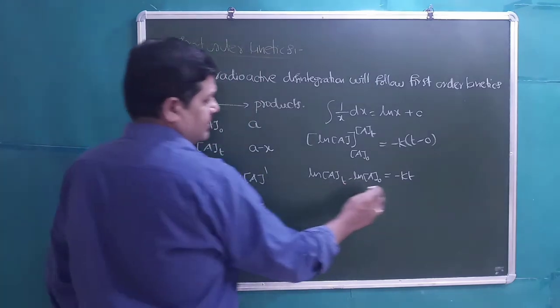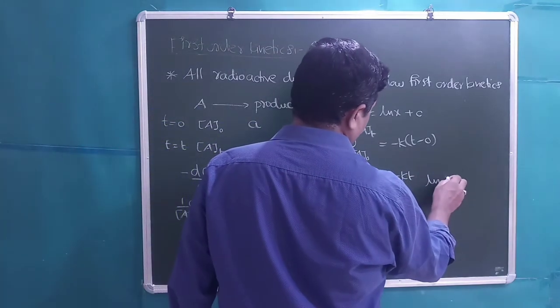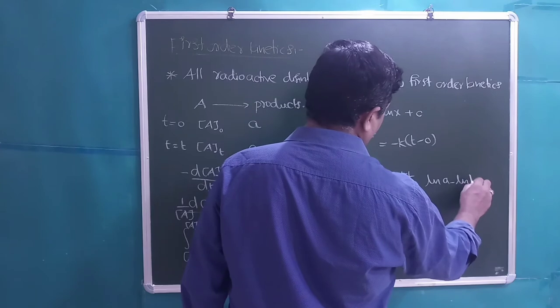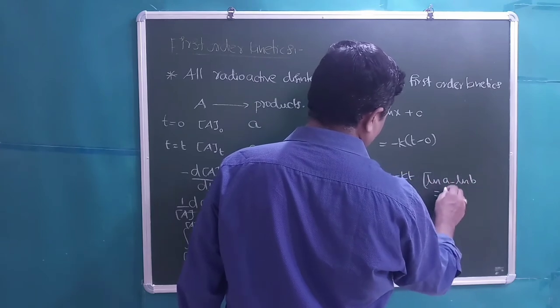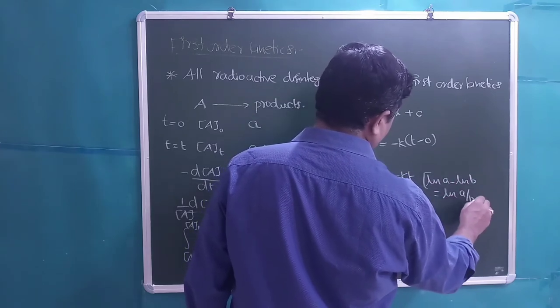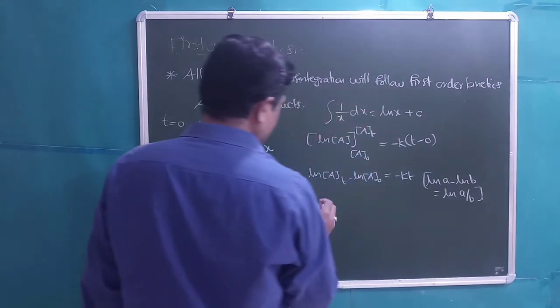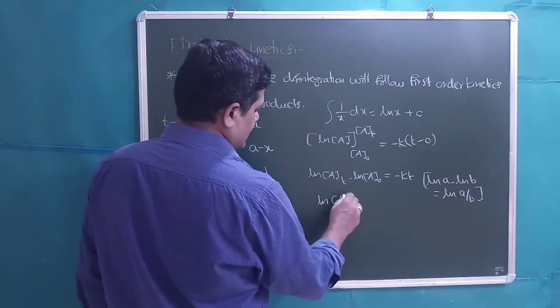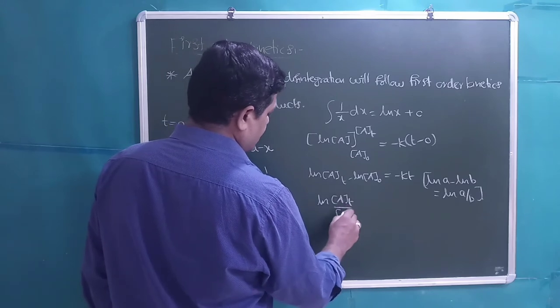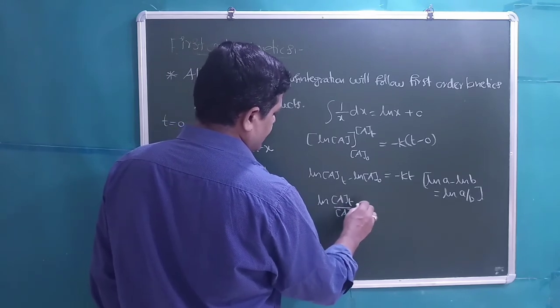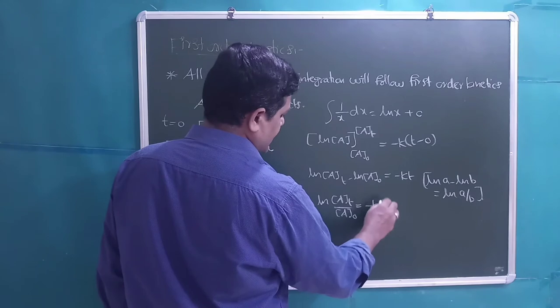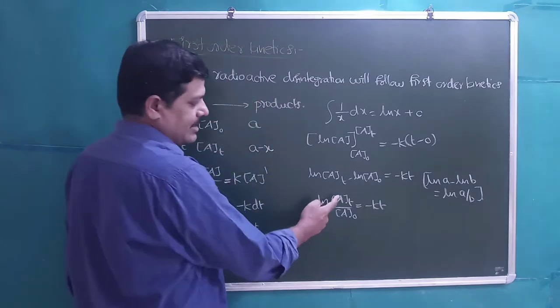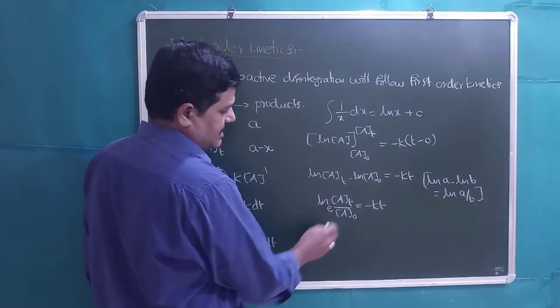Students, this is in the form of ln A minus ln B, which we can write as ln A by B. So this we can write as ln At by A0 is equal to minus Kt. Natural logarithm ln has base e.